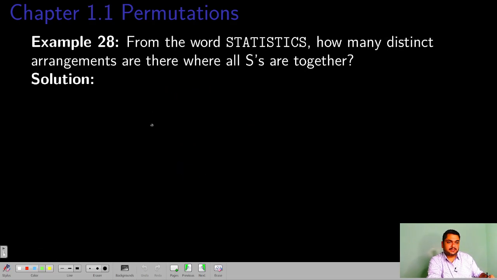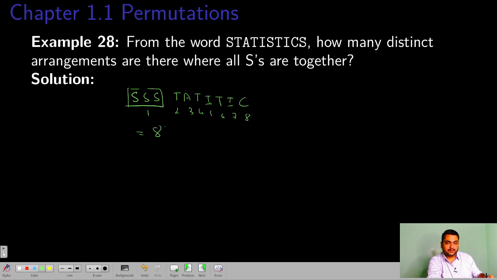Next, from the word statistics, how many distinct arrangements are there where all S are together? So same thing again, all S. How many S? 3 S are there. Then I have T, A, T, I, T, I, C. Okay, so this is one group. 1, 2, 3, 4, 5, 6, 7, 8.